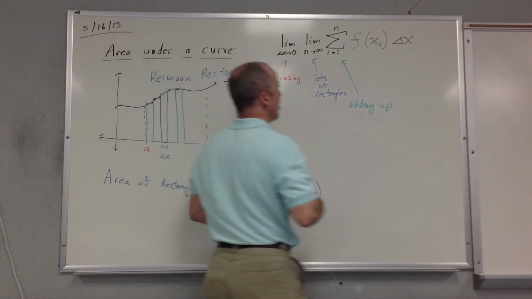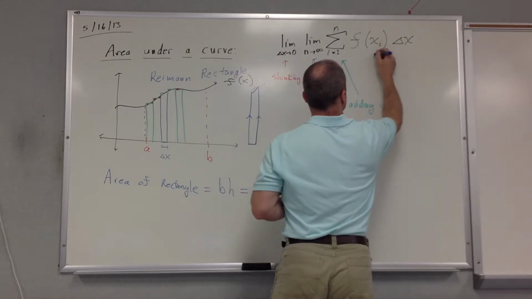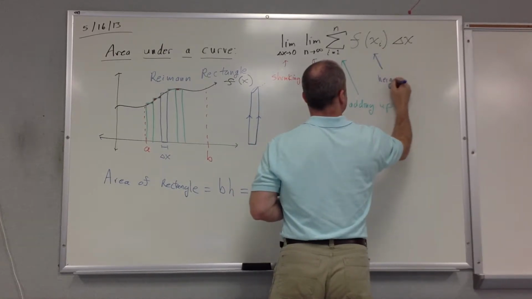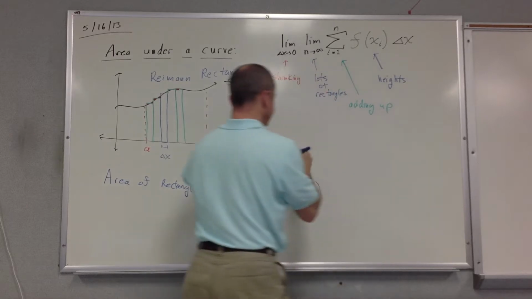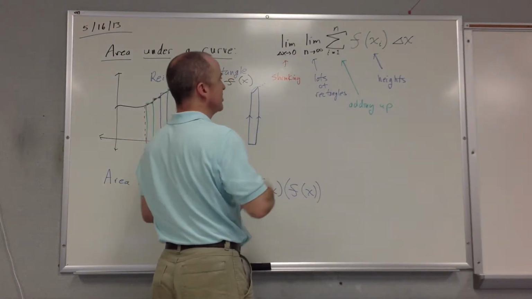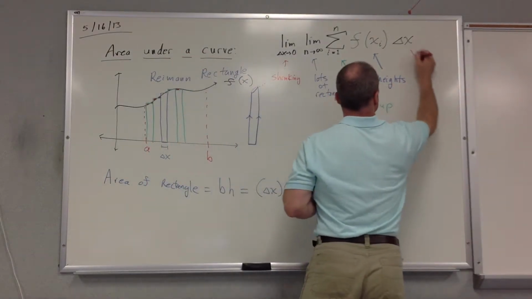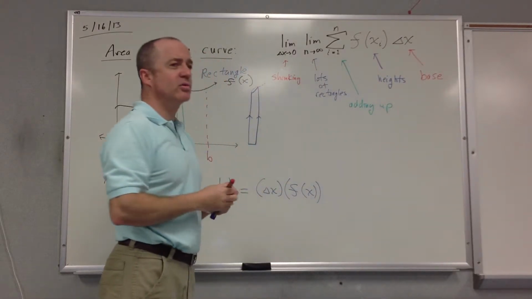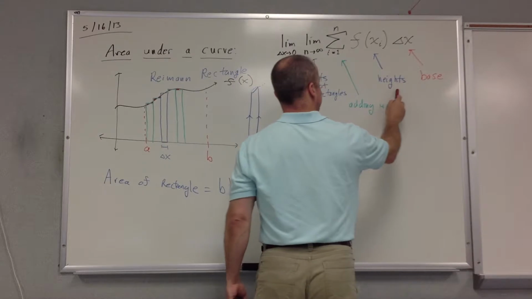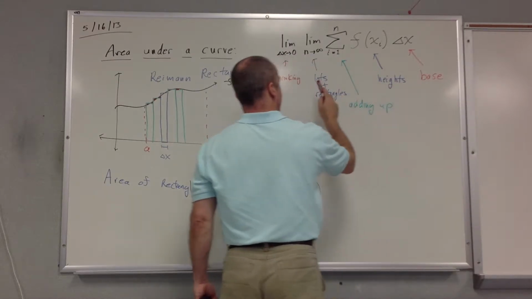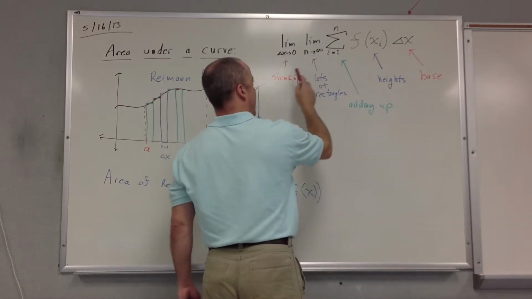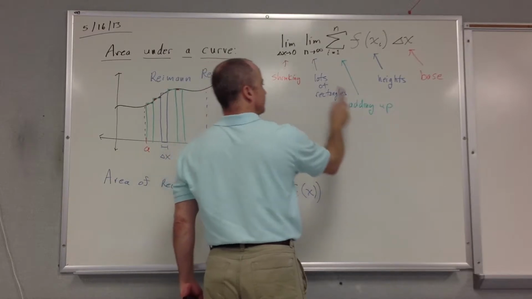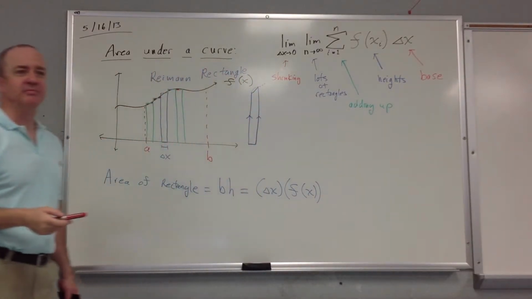These rectangles all have an infinite number of heights, and these rectangles all have the same very, very small base. So all we're doing is we're multiplying base times height an infinite number of times as they get infinitely small and adding them up. Can you repeat that?